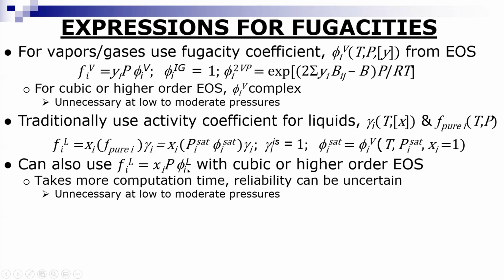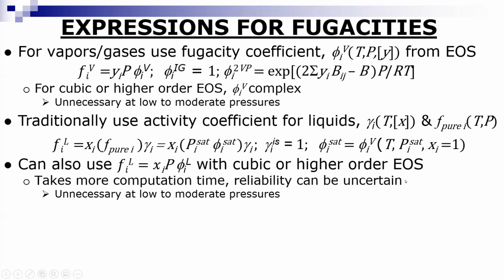Now you can use, as Rafik was pointing out, the equation of state in order to get a fugacity coefficient in the liquid. It takes more computation time, and reliability can be uncertain. My answer to the question of what the downsides are of using a combined equation of state activity coefficient model is, as usual, any extrapolation of a model can be risky.